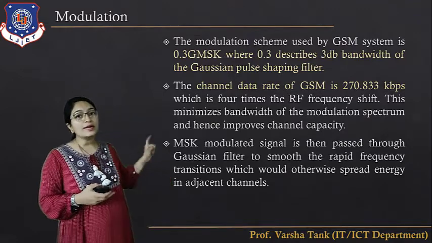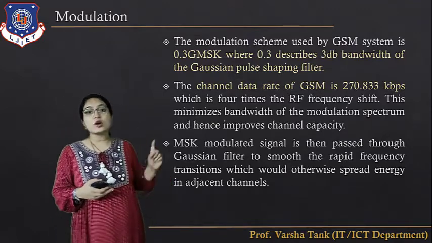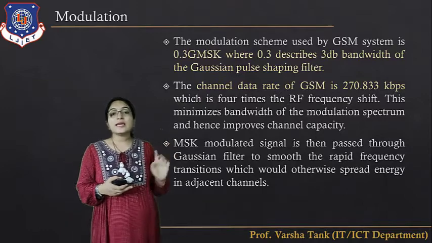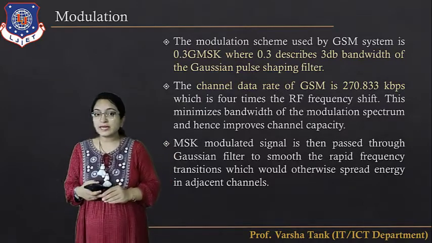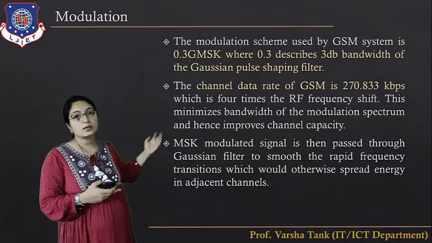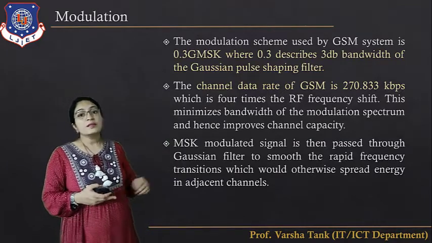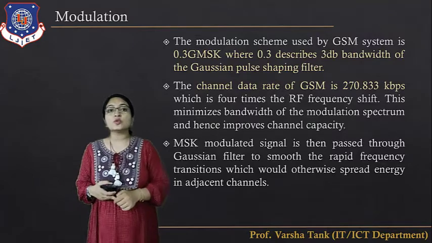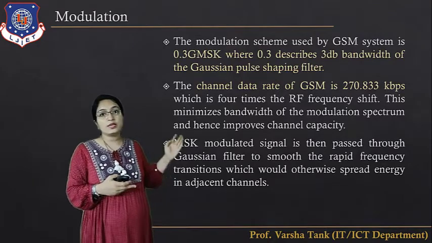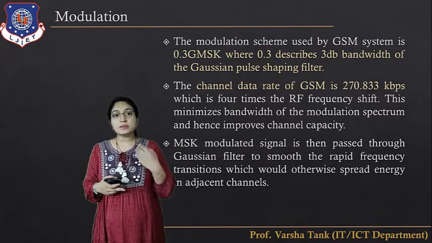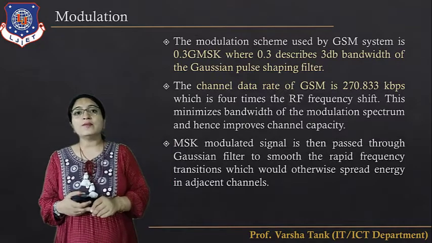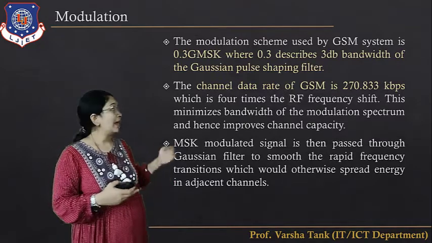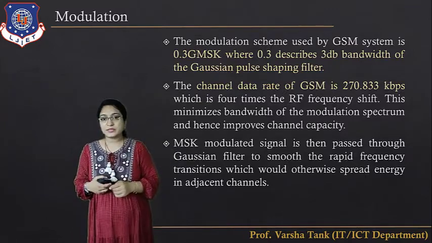We use 0.3 GMSK, Gaussian minimum shift keying modulation, where 0.3 describes the 3 dB bandwidth of the Gaussian pulse shaping filter. The channel data rate of GSM is 270.833 kbps, which is 4 times the radio frequency shift. This minimizes the bandwidth of the modulation spectrum, hence it improves the channel capacity.